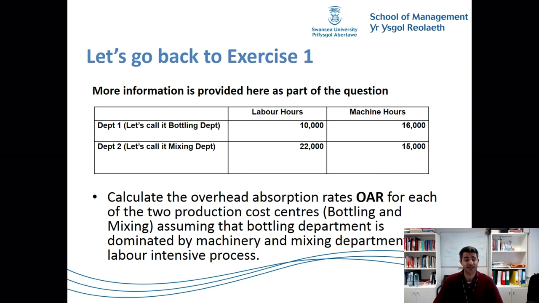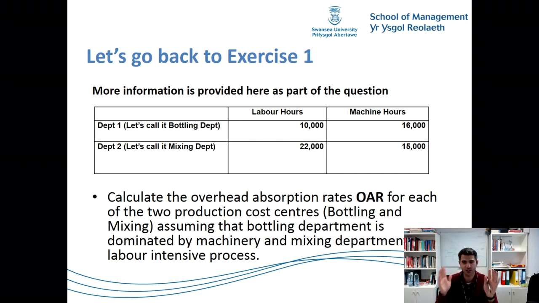From this basis, when you calculate step 3, you can pick one of the three methods: number of units, number of labor hours, number of machine hours. Of course, number of units you exclude straight away. Why? Because we said number of units is only valid if there is only one product and all the units are the same.